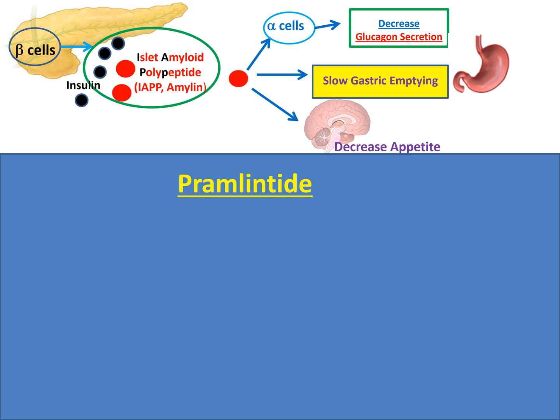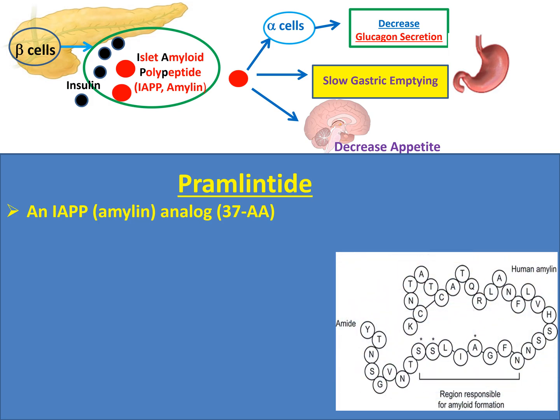So one agent, pramlintide. Now this agent is an analog of the amylin. The amylin, we just wanted to mention it for you, is a 37 amino acid polypeptide.